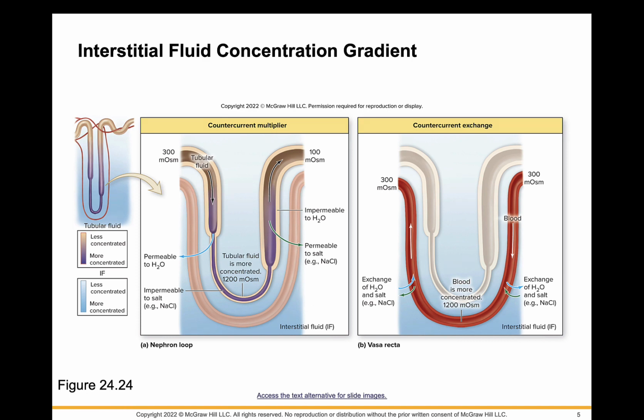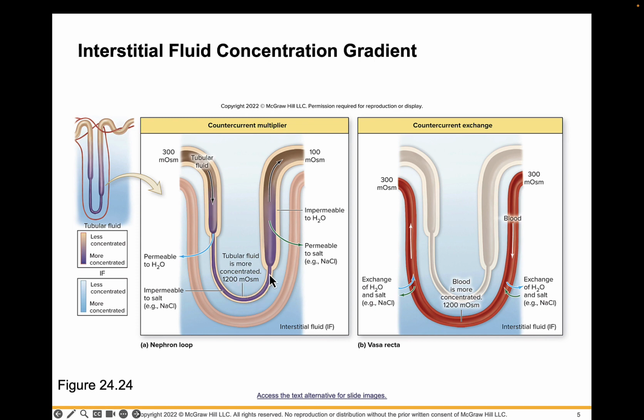We actually see the interstitial fluid becoming more concentrated. So now, as we go down through the nephron loop, we hit the descending end. Remember, this is permeable to water, but not permeable to salt. So salt will stay here. And then notice how concentrated the tubular fluid is at this level.